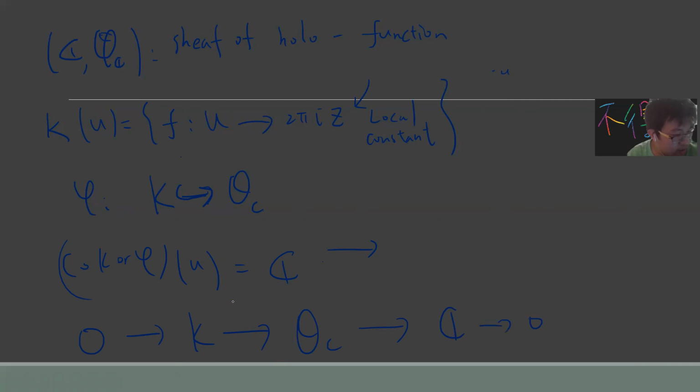The map is phi; K is the kernel, and the last map is surjective. I didn't explain what an exact sequence of sheaves is, but basically you take each open set and it becomes an exact sequence. So let me explain why the cokernel is not a sheaf.